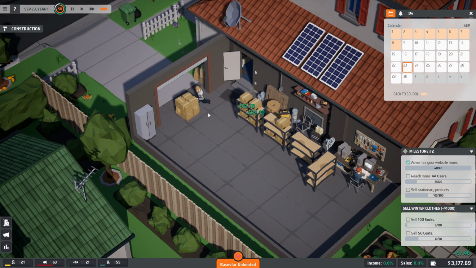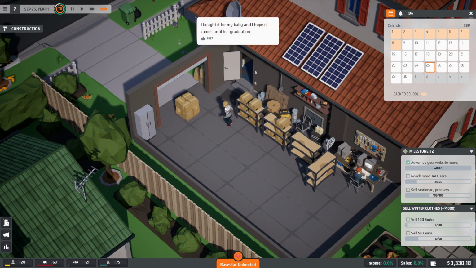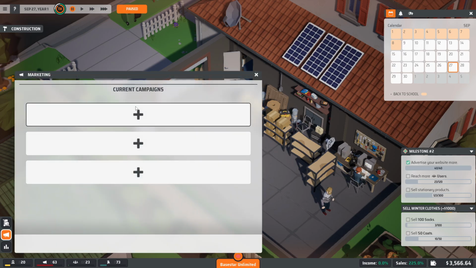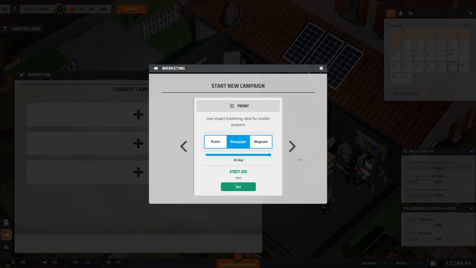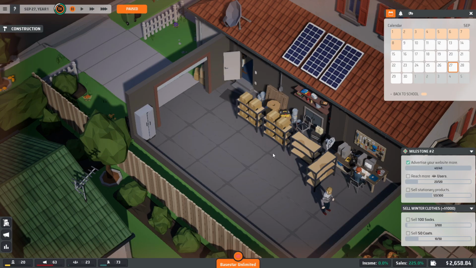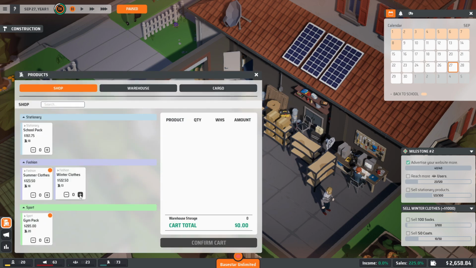Okay. Let's see. Current campaign. Newspaper. And winter clothes. Let's buy 10 of.